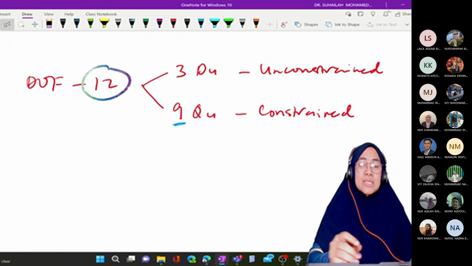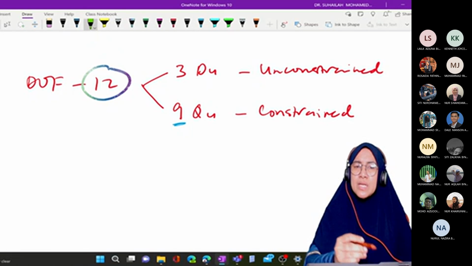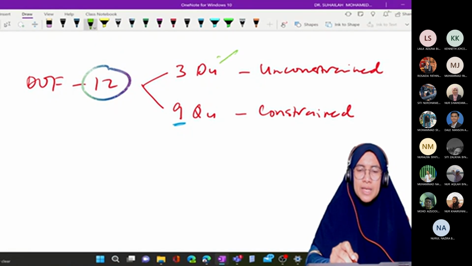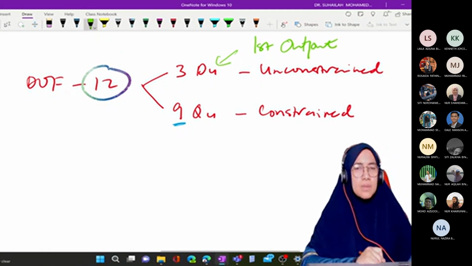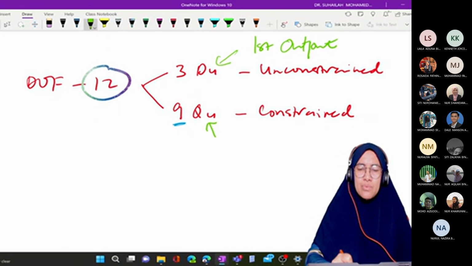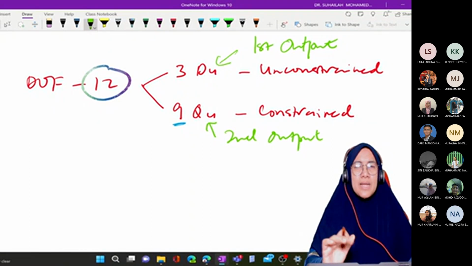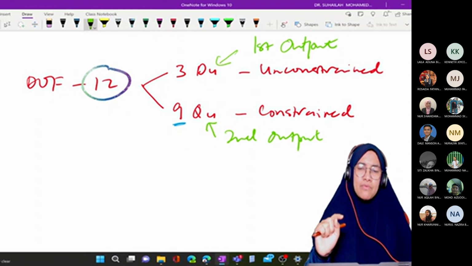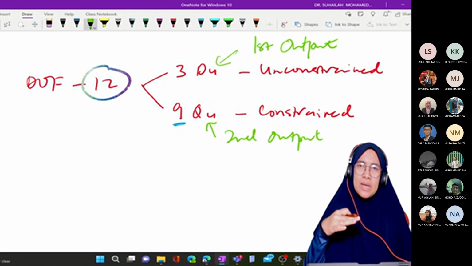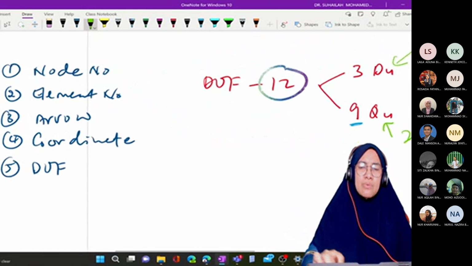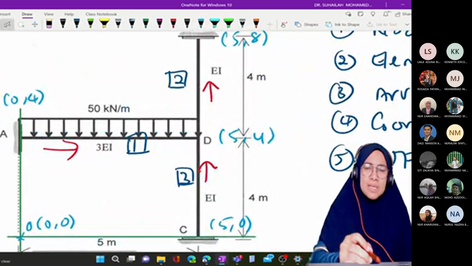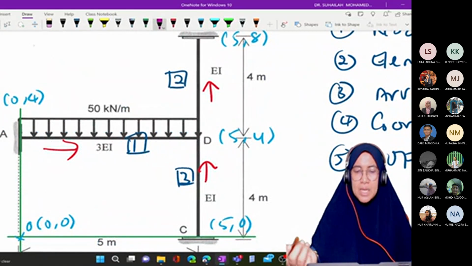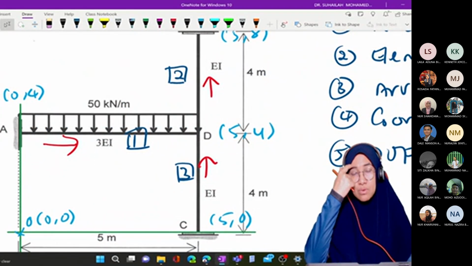However, for numbering, since unknown displacement will be the first output and unknown reaction the second output, we should label from the unconstrained system first, followed by the constrained.